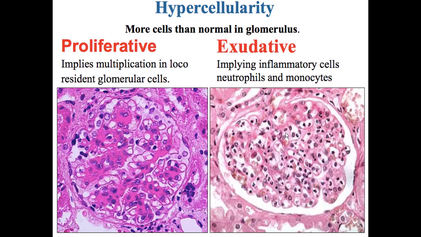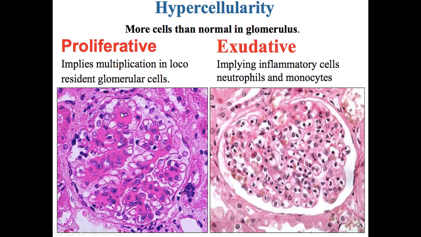And this is another explanation of the hypercellularity. Hypercellularity may be proliferative, by multiplication of the glomerular cells in the mesangium, or may be exudative, by multiplication of inflammatory cells within the capillary itself. And this is the difference.